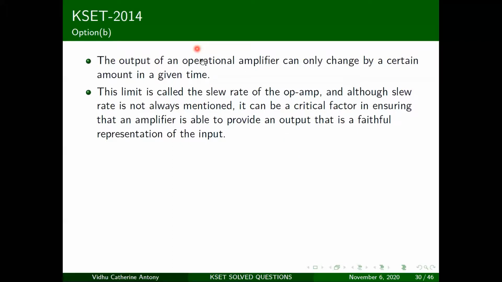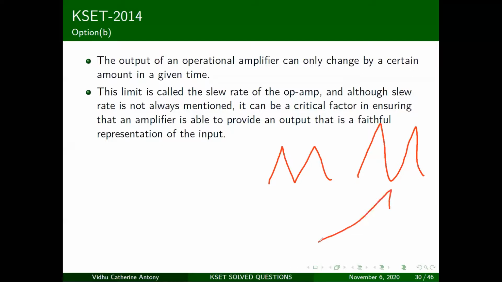So if the input is something like this, let's say, I want an output that is kind of like this. Okay. What am I doing with an amplifier? I'm just amplifying the whole thing, right? So I want an output that is compared like this, right? I don't want an output which is like that. I don't want that lag there. Okay. It should somehow be a faithful representation of the input.